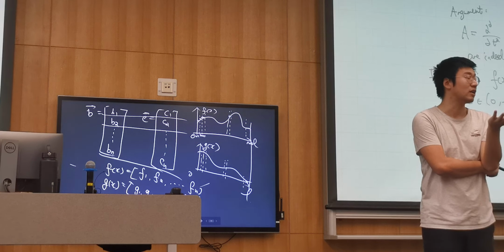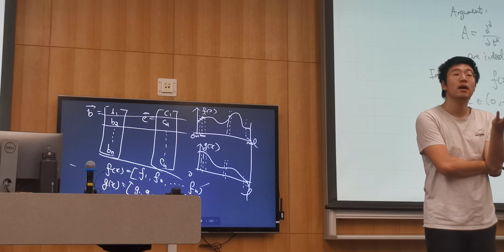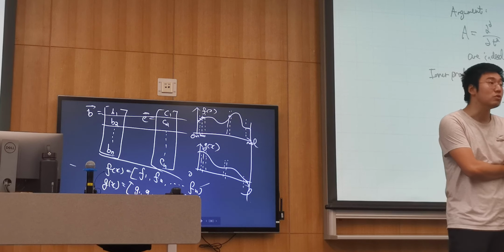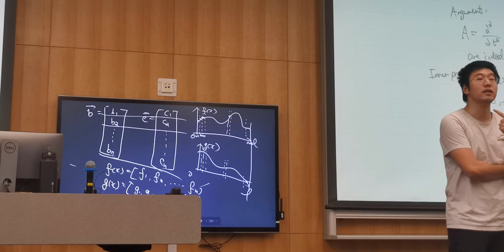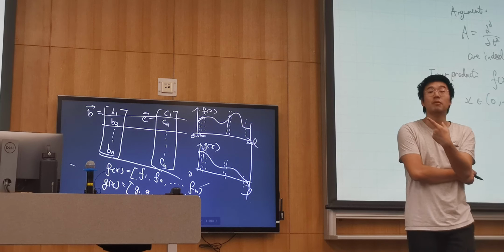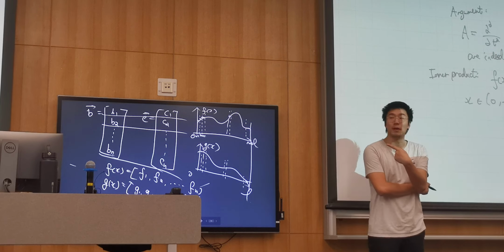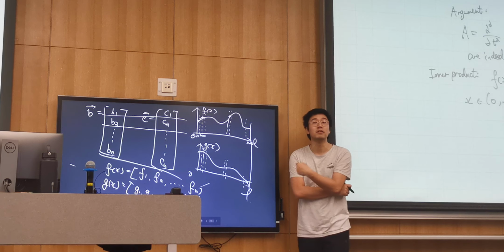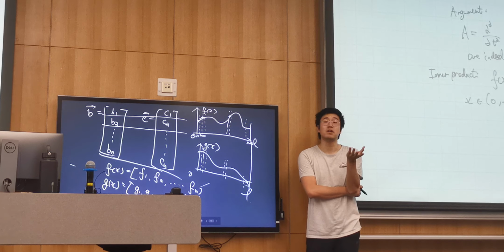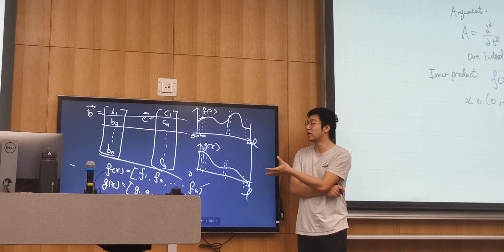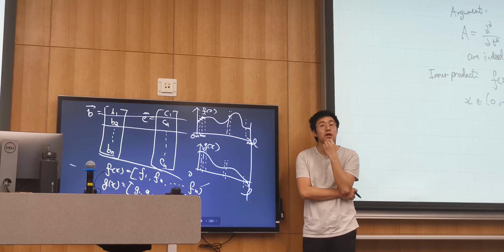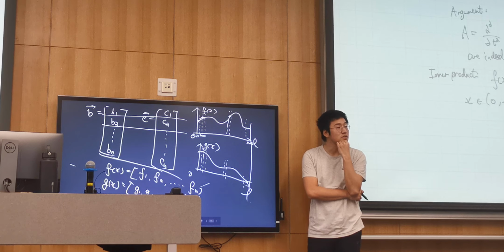How do we define the inner product between f and g? It has to be close to f1 multiplied by g1, plus f2 multiplied by g2, plus f3 multiplied by g3, and finally fn multiplied by gn. But that depends on how I cut up these two functions.